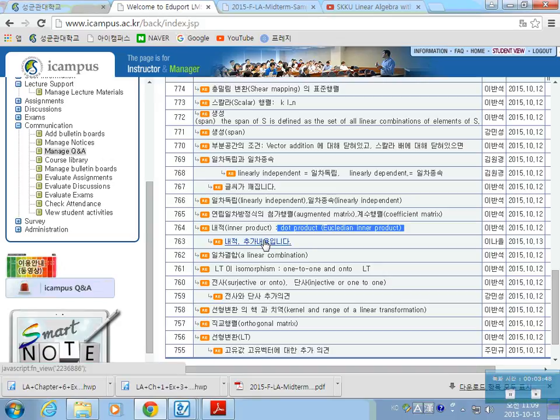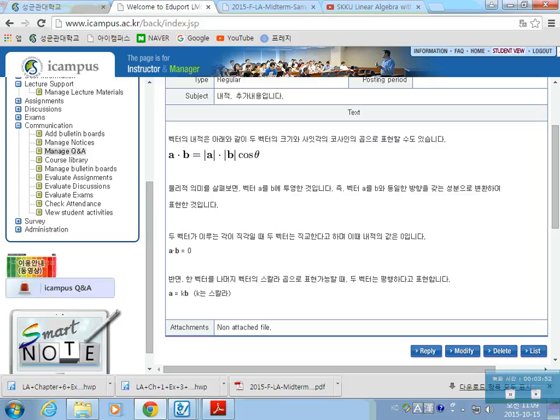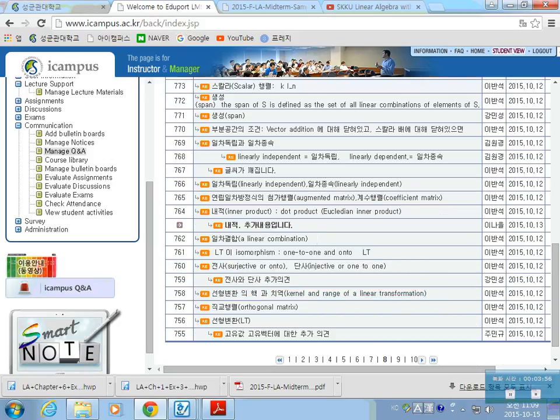Mr. Inal added some extra information on it, and linear combinations, one-to-one mapping and onto mapping, and also the meaning of an isomorphism of a given linear transformation, and the definition of kernel and range, and the definition of orthogonal matrix.